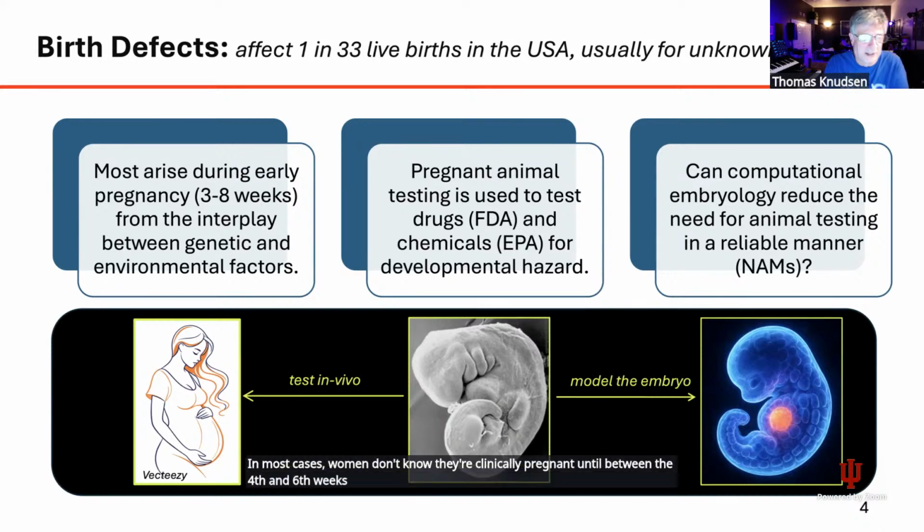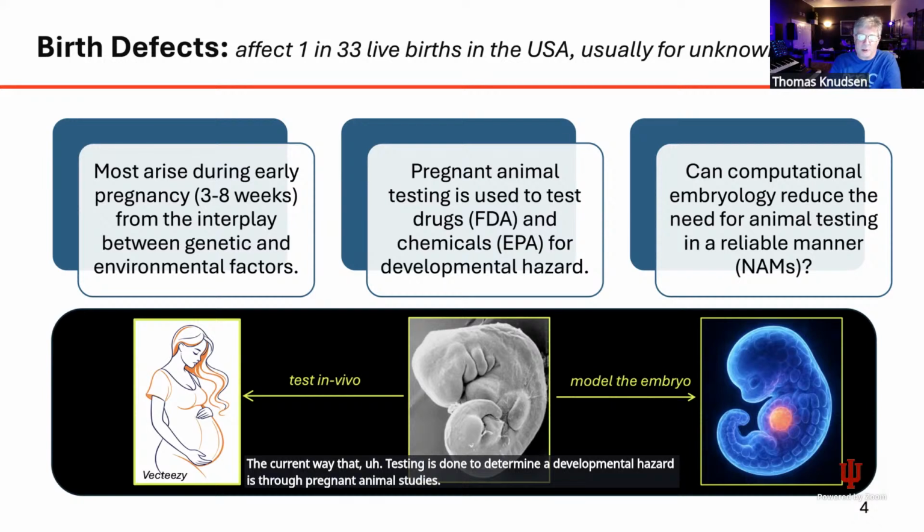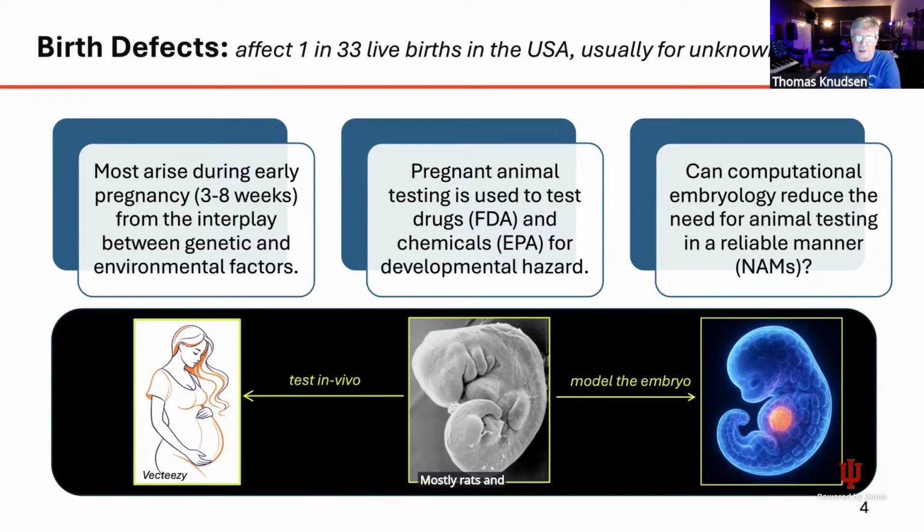So this is a problem that faces the sociology of the field, in that many women, for example, will stop drinking once they know they're pregnant, but they may have already done damage to their unborn. The current way that testing is done to determine a developmental hazard is through pregnant animal studies, mostly rats and rabbits.